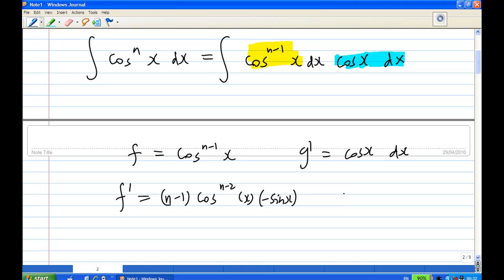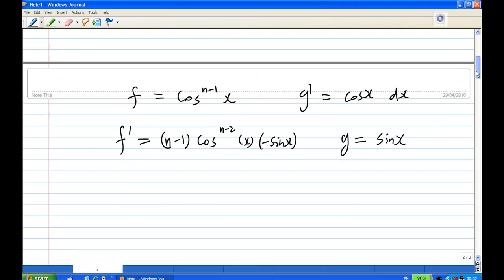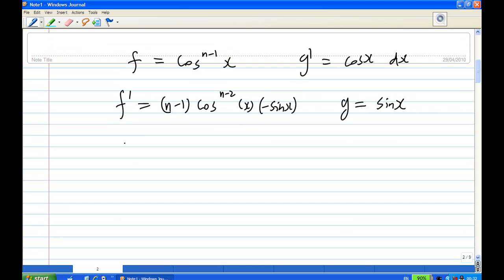And g prime is cosine x, so g is equal to the integral of cosine x, which gives sine x. So apply the formula again: the integral of f g prime is equal to f g minus the integral of f prime g.